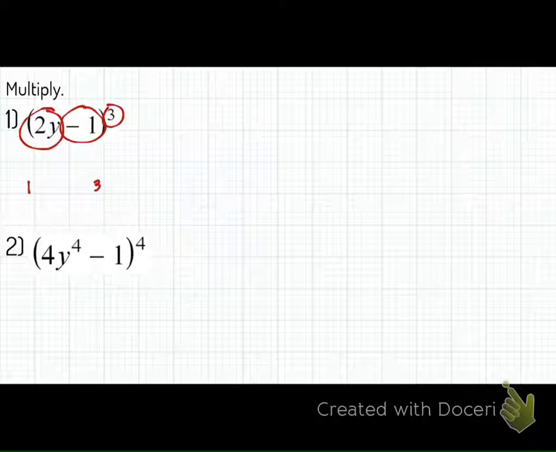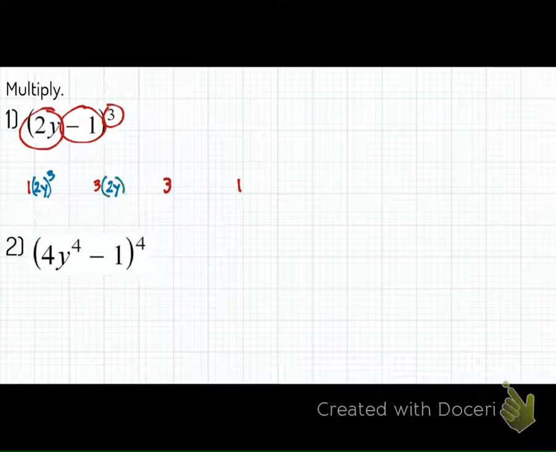1, 3, 3, 1. Okay? Then the first term is 2y, so I'm going to write 2y, and I'm going to put it in its own parentheses. 2y to the third, 2y to the second, 2y to the first, and 2y to the 0 power.